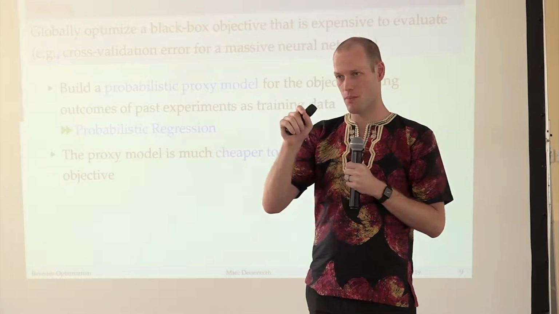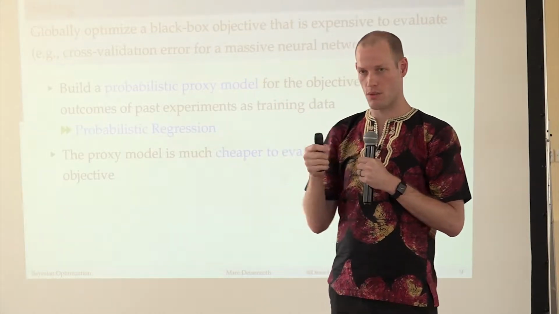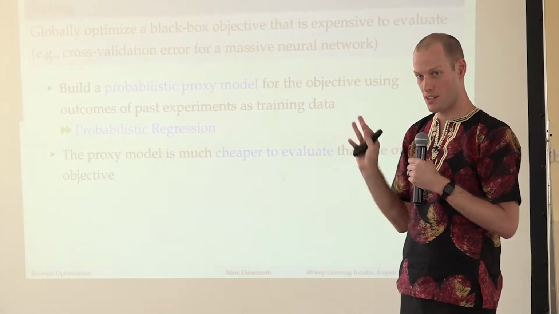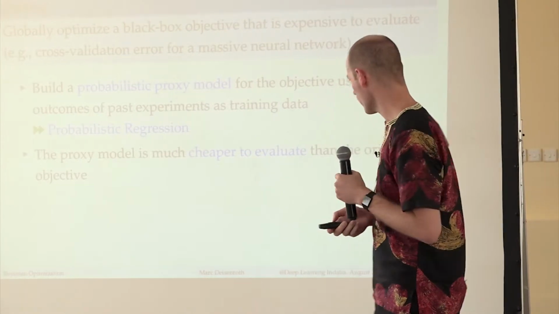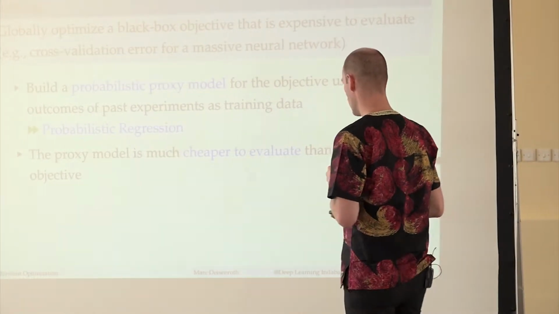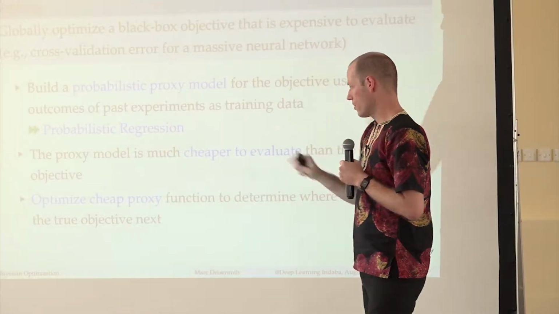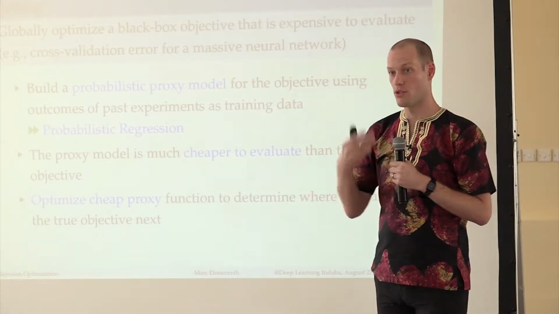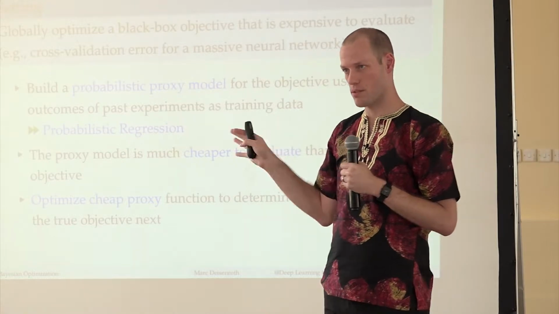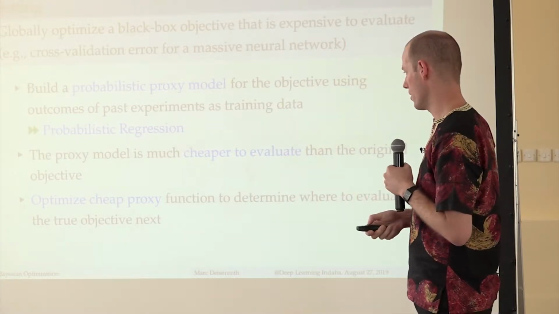You pass in a parameter and you evaluate the linear regression model. It takes no time. This is really cheap to evaluate compared to waiting for 2 weeks for our GPU cluster to finish. Then we use the cheap proxy function to determine where to evaluate the true objective function next. So this is really the key idea of Bayesian optimization.